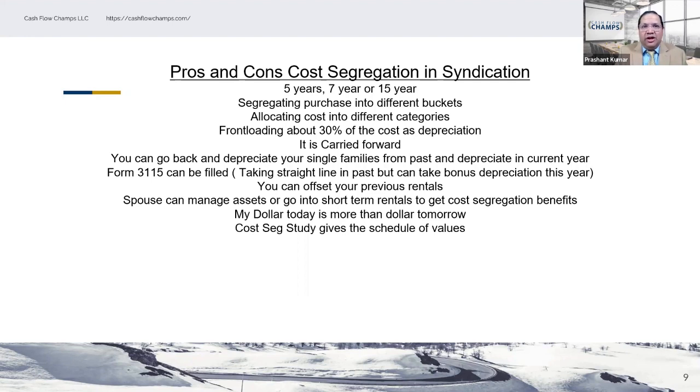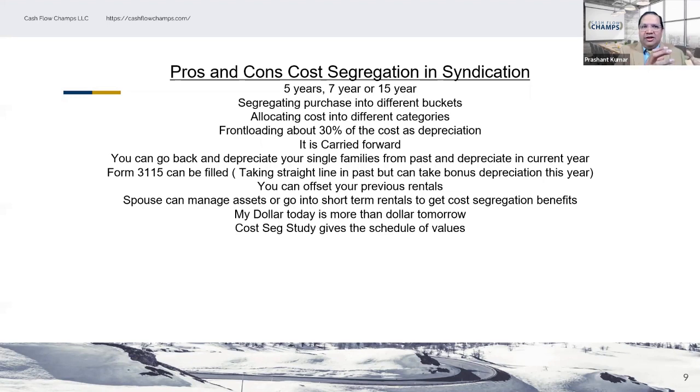So if you buy a hotel and it is an empty hotel and there are no leases in the property, for that year you cannot have bonus depreciation. The bonus depreciation will start when you start using the property, when you start having revenue coming into it.